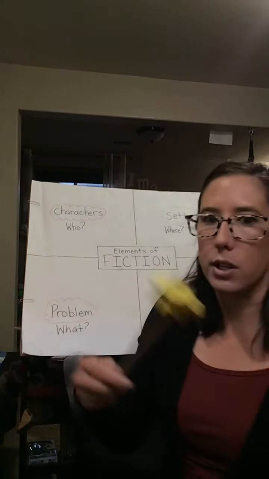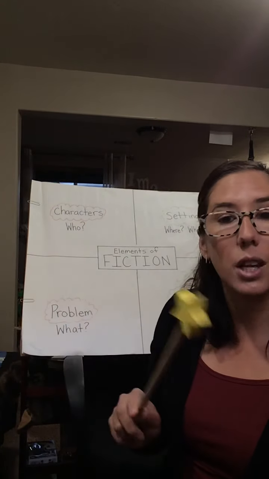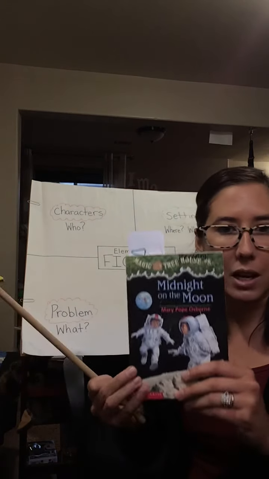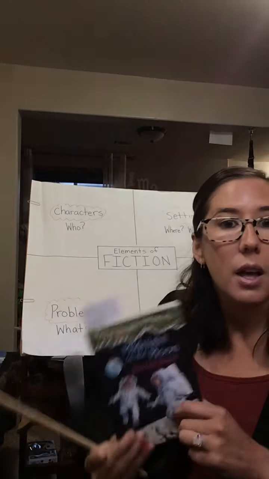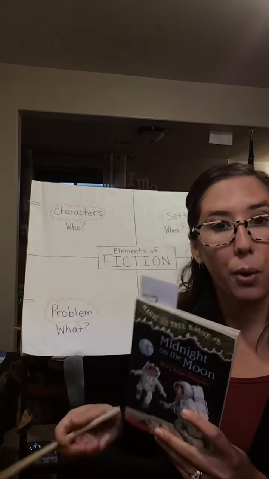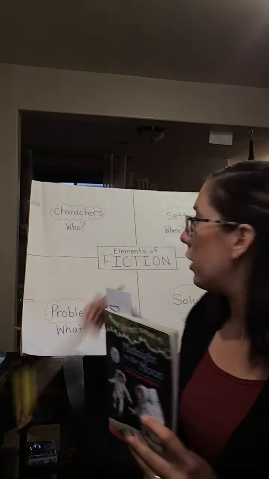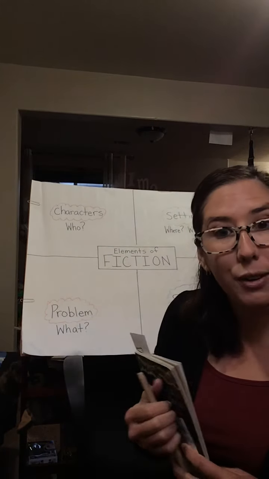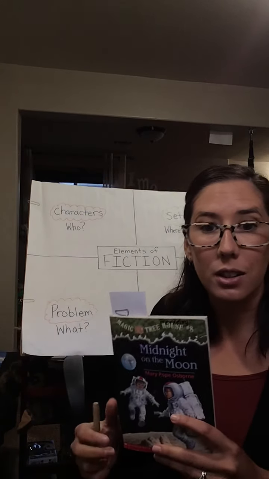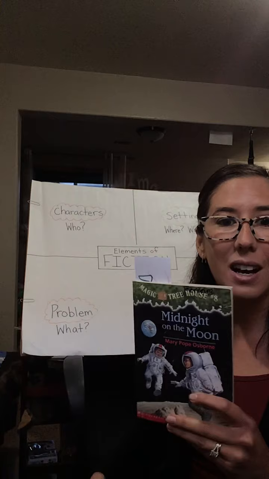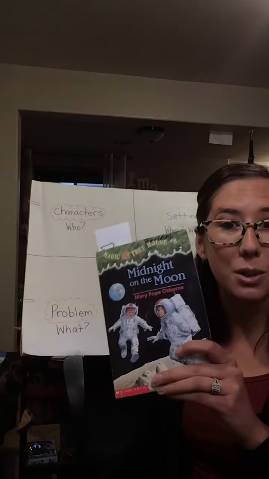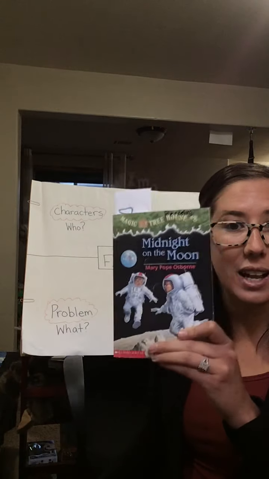I'm going to use my pointer because it's a little farther back so that you can see it. It's our who. Our characters can be people. It could be a talking animal. It could be a robot. Our characters in fiction can be whoever you want. We are going to be choosing characters that we'll be talking about in more than one story, kind of like a Jack and Annie series.